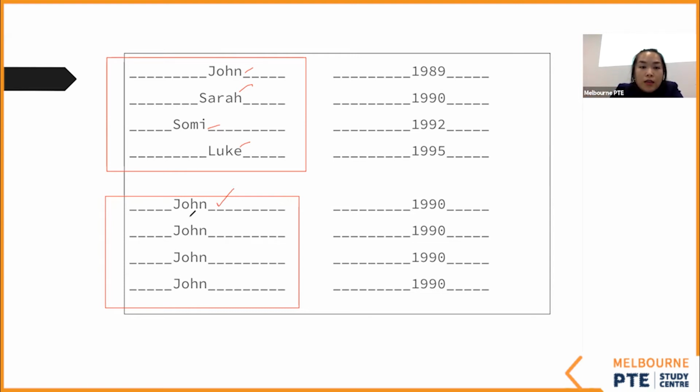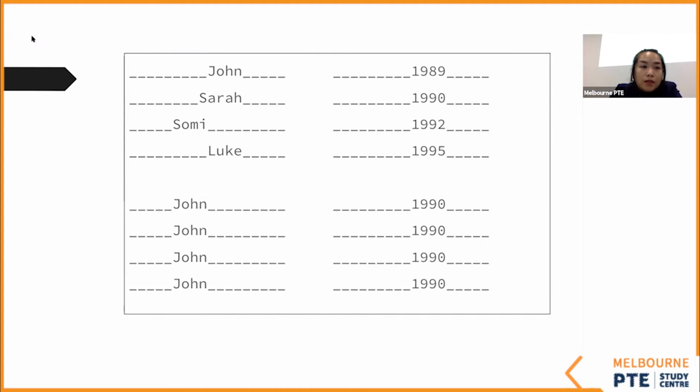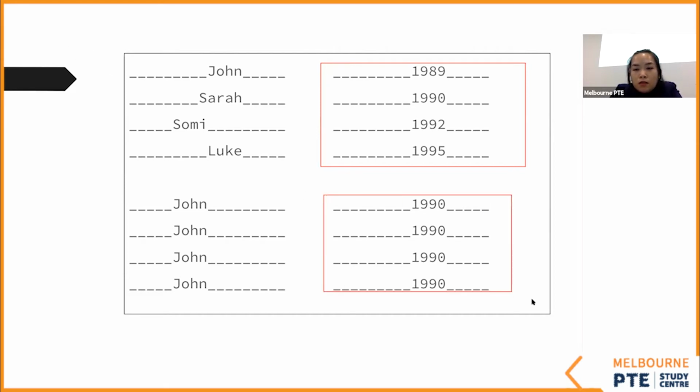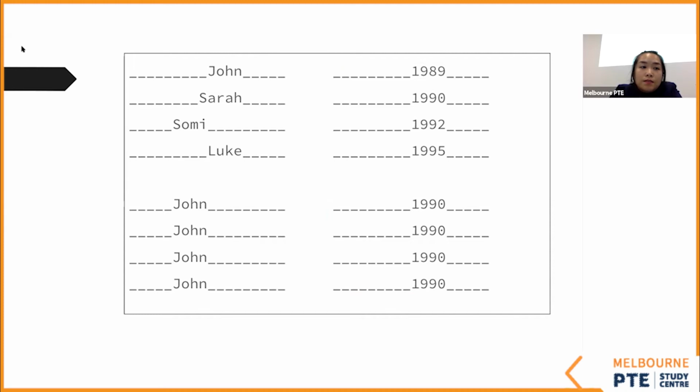Then you need to take the name. What about this one? So many different years. Which one should I take? I should not take anything. What about this one? Yes, you can include a name in your summary. So that's the difference.